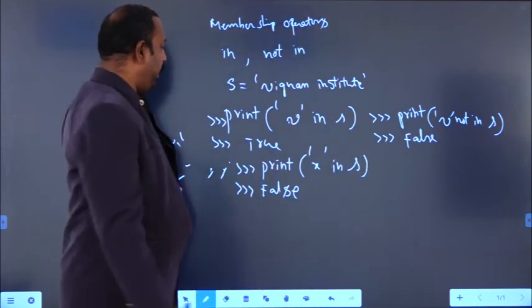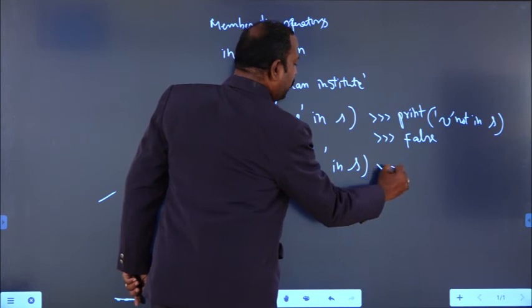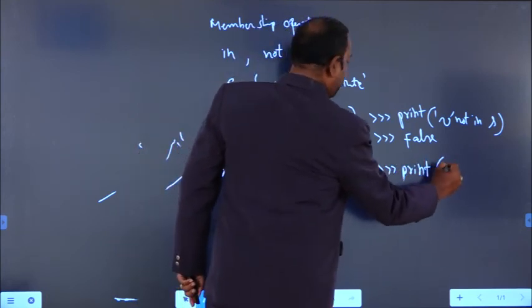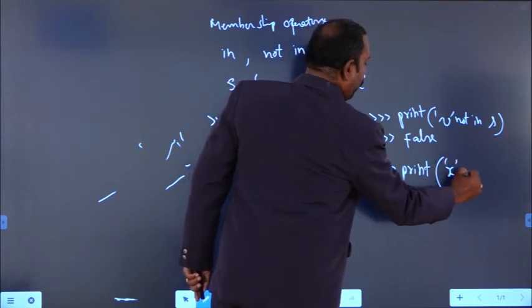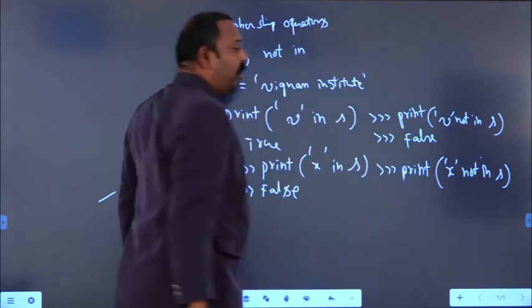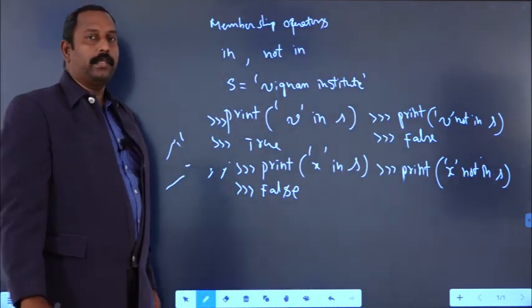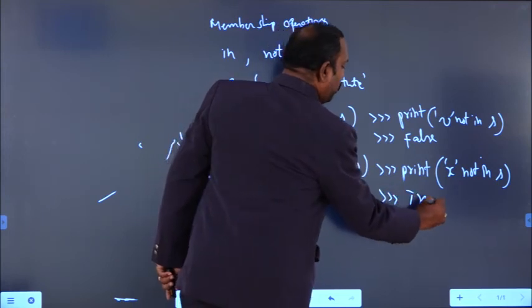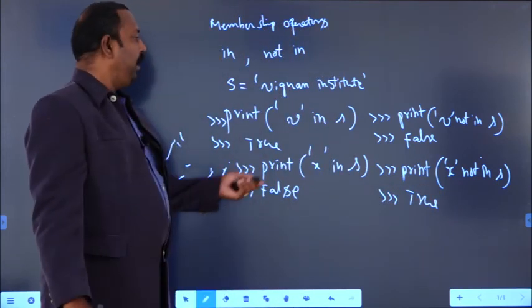Suppose I write print X not in S. X is not available in S, that's why you will get the output true. Just the opposite of in is not in.